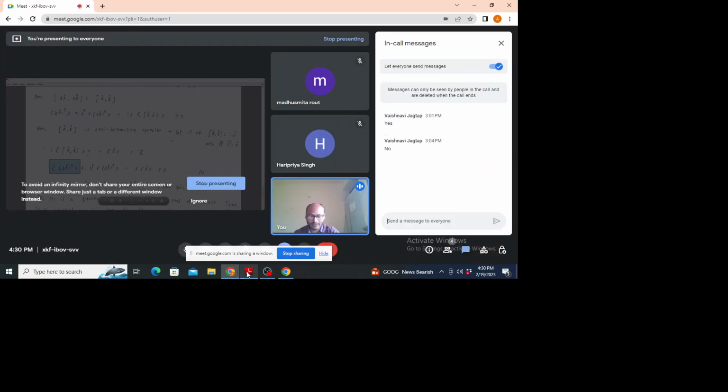Okay. And now the quadratic inequality looks like this. This is of course a real quantity, because this gives a standard deviation or uncertainty.